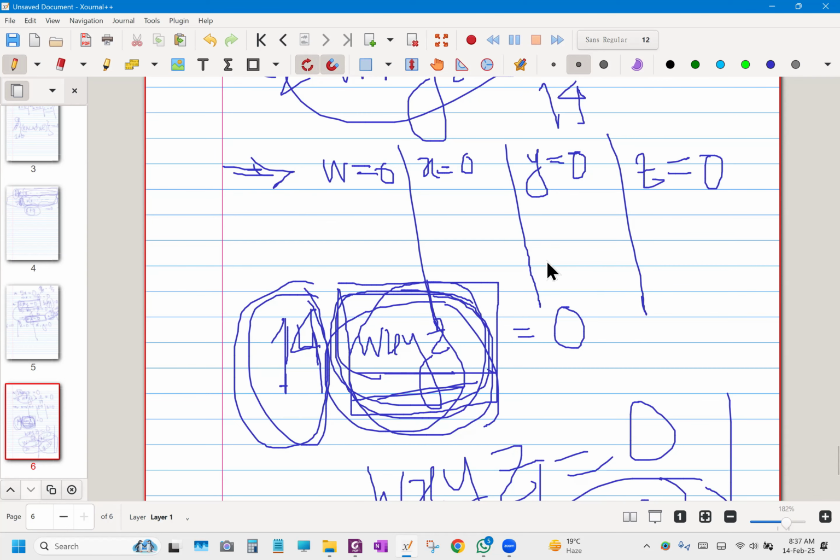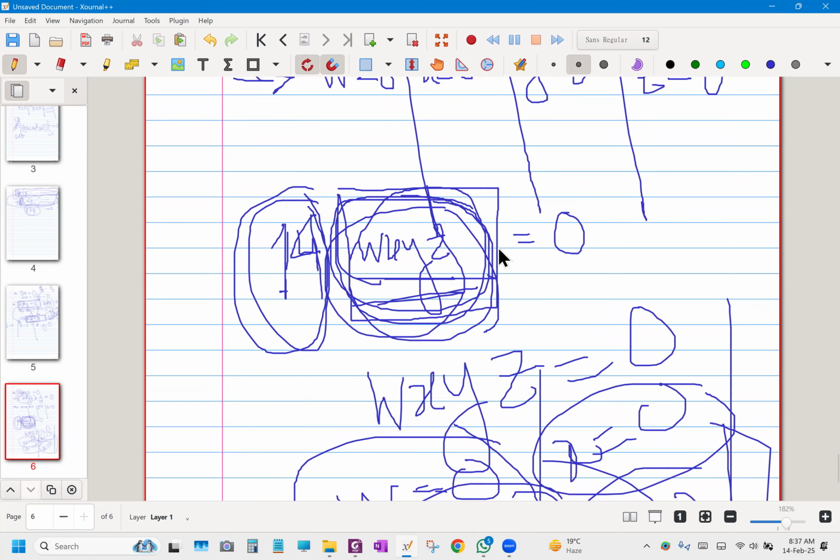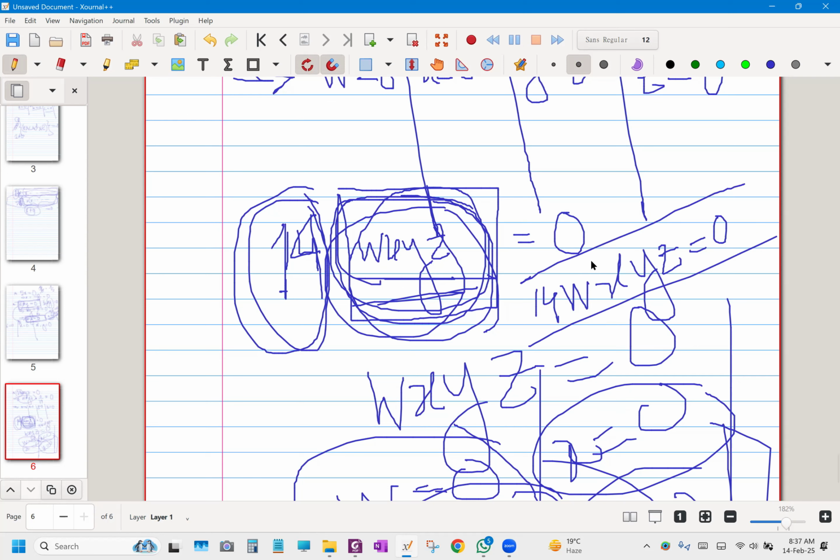I have told you the fundamental rule: when the product of multiple variables, maybe with some coefficients, is equal to 0, just like 14wxyz equals 0, maybe one of the variables or all of them are 0. I'm not talking about the coefficient; I'm not saying the coefficient is also 0. You got me? Okay.